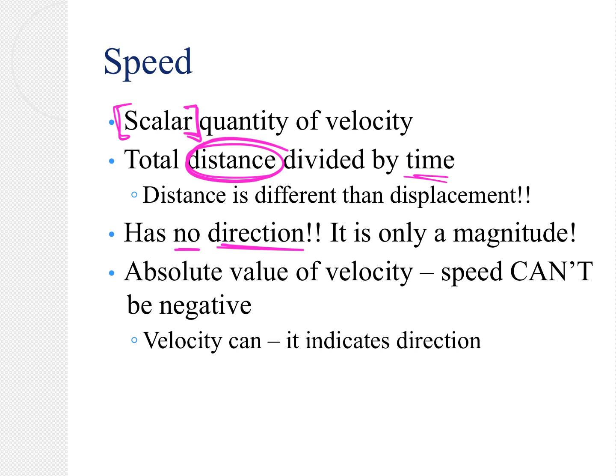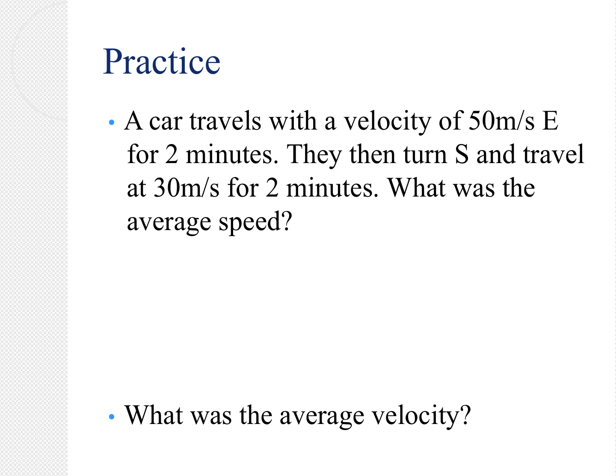Okay, so let's try this one here. It says, what is the average speed? We already worked through this whole problem. And we found distance and displacement, right? This problem look familiar? We already found its distance. So if I want its speed, I would take distance divided by time. What did we say the total distance traveled was?